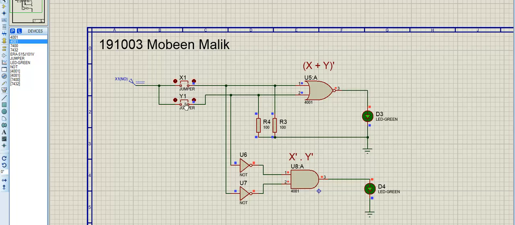Now if x and y are both turned off, you can see that both of the LEDs are glowing, which means that at the same input they are also having the same output. Now if I turn one of them on, then you can see that the LEDs have turned off, and they have done it simultaneously, which means that both sides of the equation are actually equal.